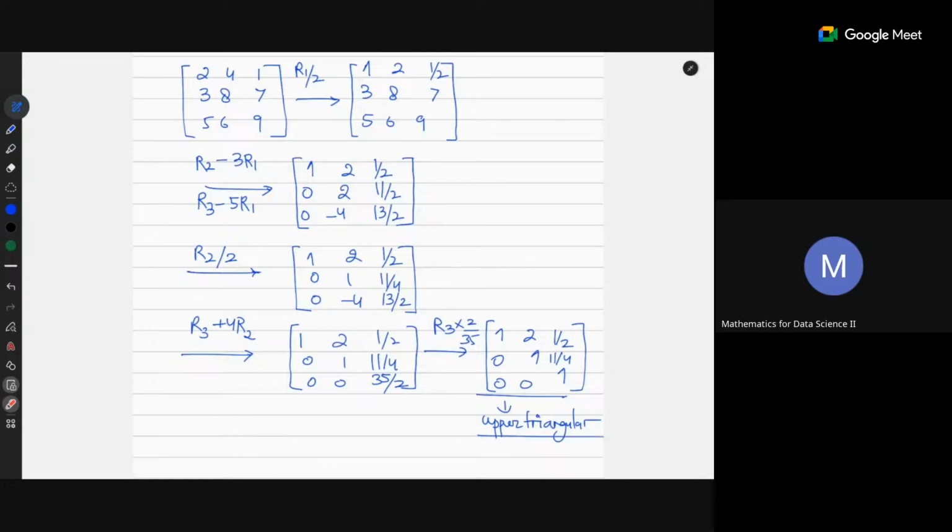Okay. Yeah. So one more doubt. If we were to convert this into RREF, that half would not be changed. If we were to convert this into RREF, yes, only the determinant won't be changed.